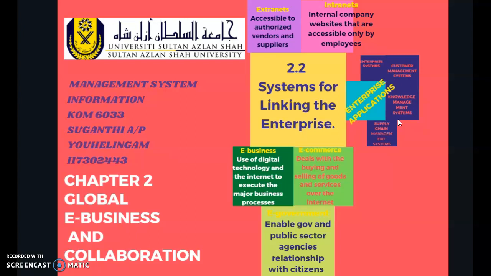Knowledge management systems enable organizations to better manage processes for capturing and applying knowledge and expertise. This system collects all relevant knowledge and experience in the firm and makes it available wherever and whenever it's needed.